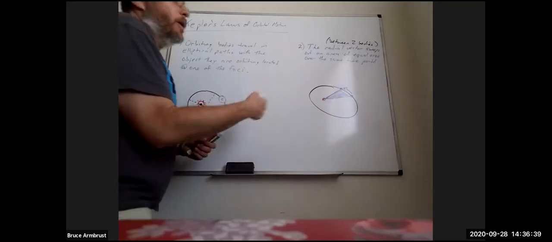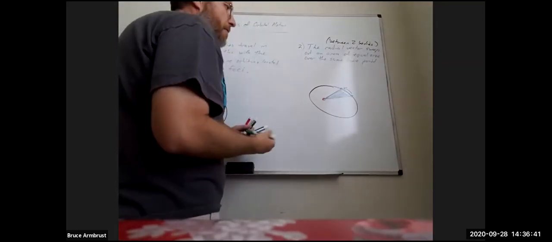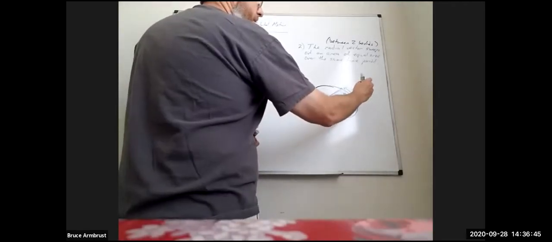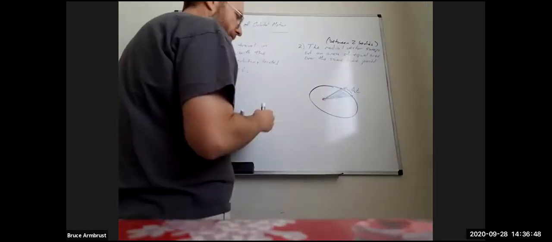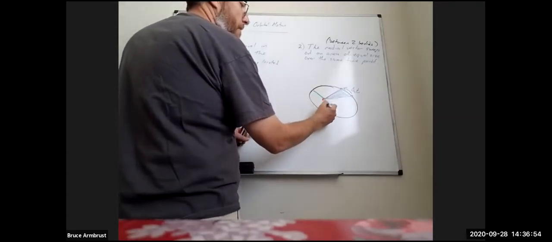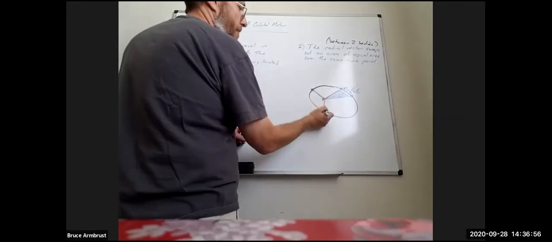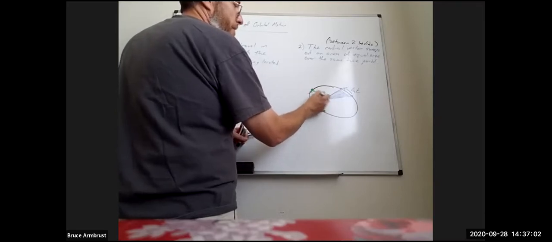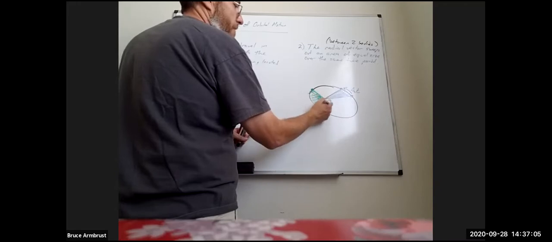All right, if you were to look at the same time period, let's call this a delta t, and do the same time period somewhere else on that path, so let's say we're going from here to there, again it gives us a shaded area.